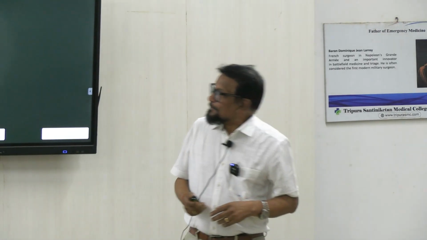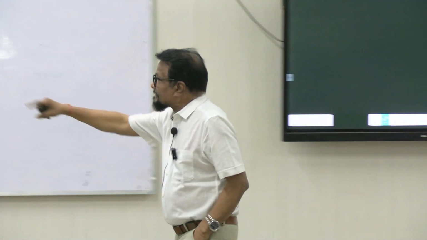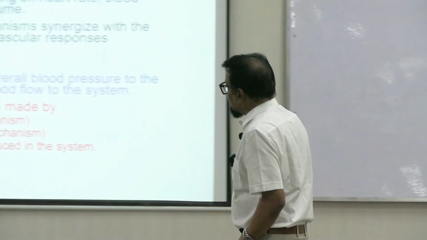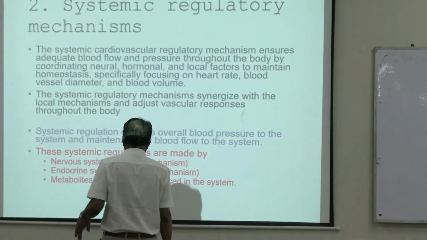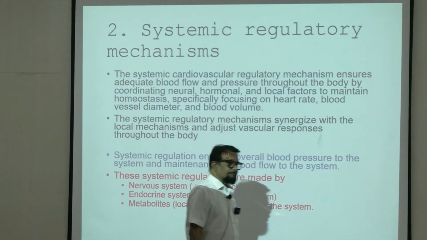We will see this. So, systemic regulation is done, we can see, by nervous system, by the endocrine system, that is neural mechanism, hormonal mechanism, and by local mechanisms.